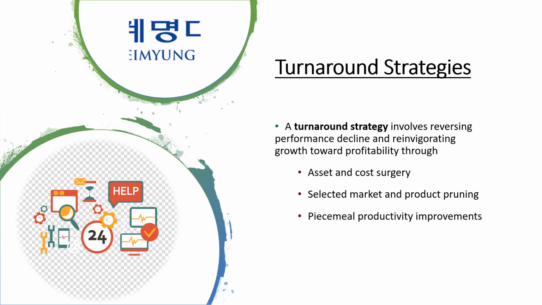Another strategy that we can use to achieve company competitive advantage is the turnaround strategy. This is a strategy that reverses a firm's decline in performance and returns it to growth and profitability. The need for turnaround may occur at any stage in the life cycle, but is more likely to occur during maturity or decline. Most turnarounds require a firm to carefully analyze the external and internal environment.